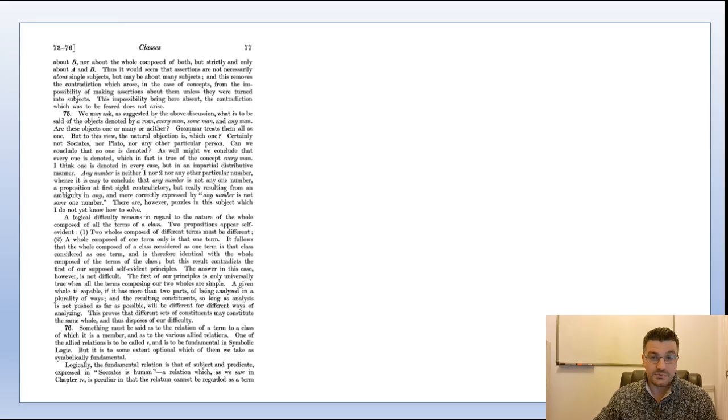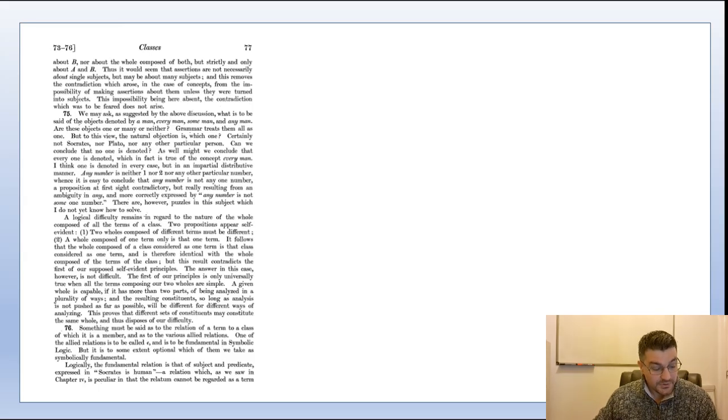So if we've got a class which has more than one term, then obviously the whole, if we consider the class as a whole, just the class as one considered as a whole, and the class as many considered as a whole, they're really the same thing, right? In that sense, they're not distinct, and that's because the class is not a simple object.